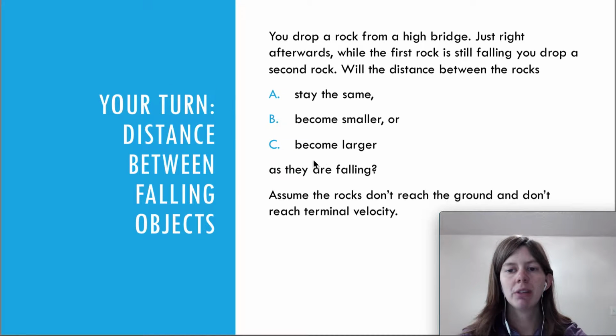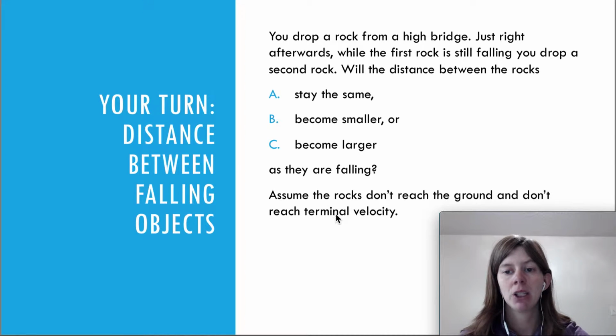So I wrote these assumptions here because if they reach the ground, then the distance is going to be the same between them. And they don't reach terminal velocity. We're not going to talk about terminal velocity in this course, but maybe you had already heard of it. Terminal velocity is when you don't neglect air resistance, and the air resistance is going to cancel out the force of gravity going down, and there's actually going to be no more acceleration on the object.